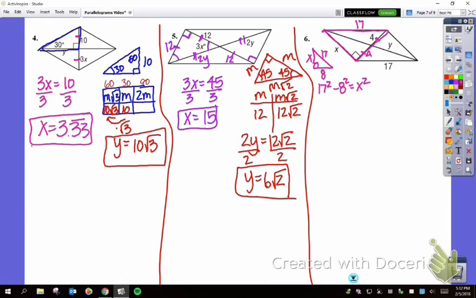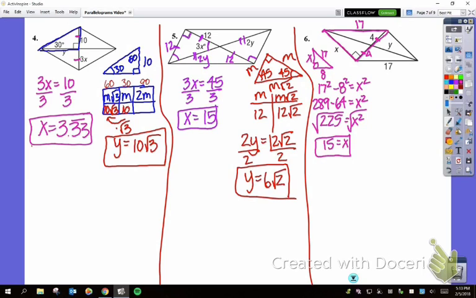Now when we're using the Pythagorean theorem right here, 17 squared is 289 minus 64 equals x squared. You subtract, you get 225 equals x squared, and the square root of 225 is 15. So x equals 15.